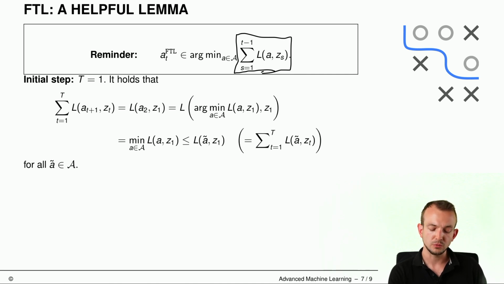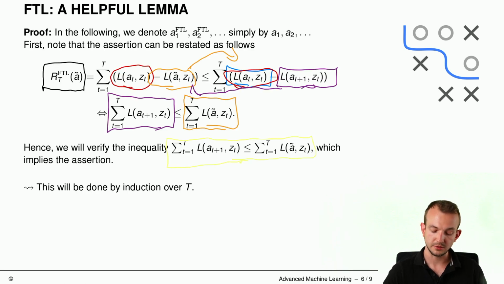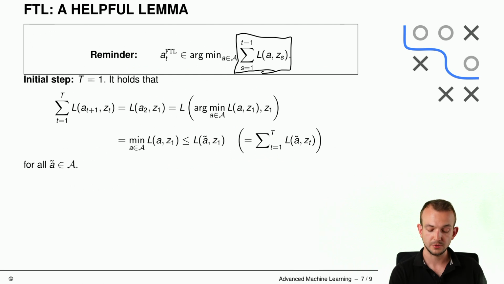And well, what would be the initial step? In the induction, we assume that the time horizon is 1 and check whether this equivalent formulation is true. So what was the left hand side again? Yeah, so here the left hand side, we sum over the cumulative loss of this cheater version.